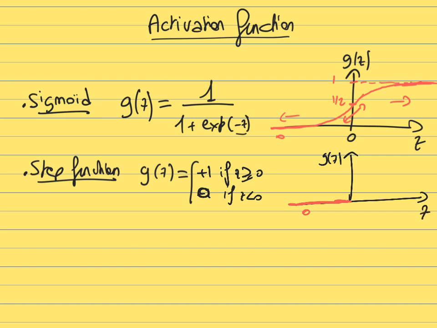There is no signal being transmitted, and as soon as the input signal reaches a given threshold, which in this case would be 0, then suddenly this neuron starts to generate an output signal. So in this case, it's like a shrunk version of the sigmoid.